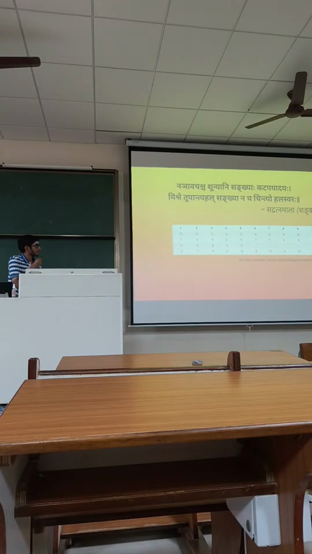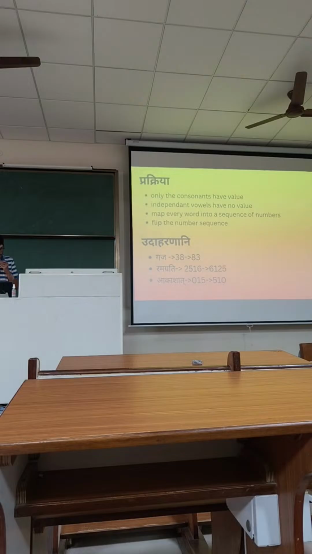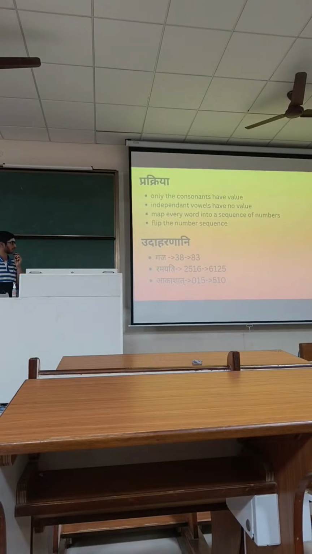So the Prakriya is that only the consonants have value. The vowels or the ajantas are not used here, only the consonants are used, and the independent vowels have no value. We can easily map every word into a sequence of numbers from 1 to 10. That is the specialty of this. Instead of going beyond 10, we can curtail it to up to 10 numbers.